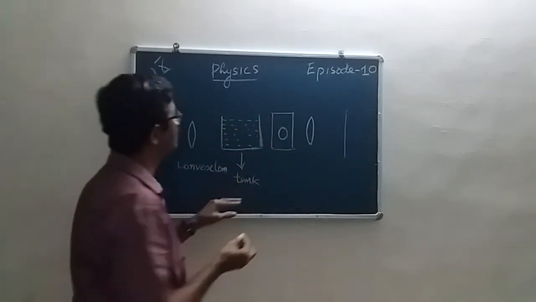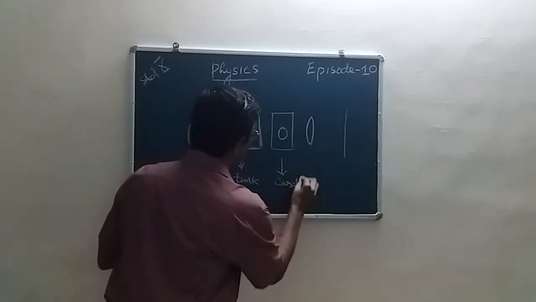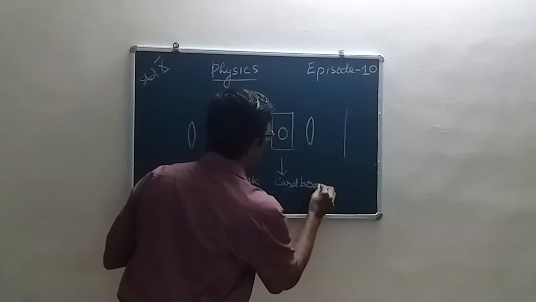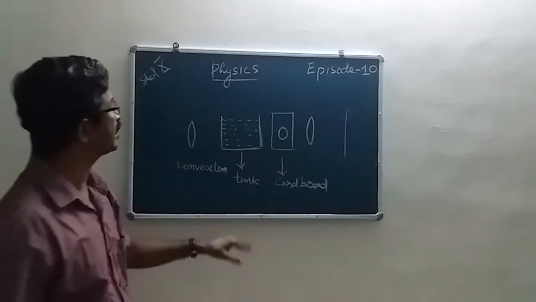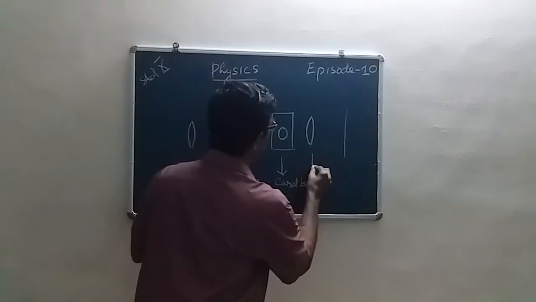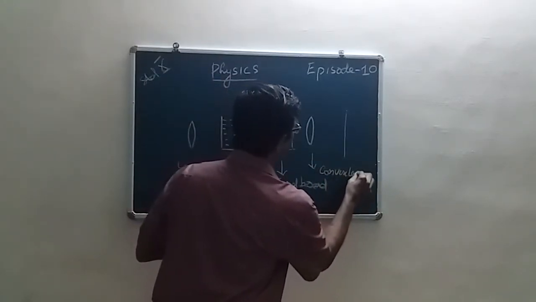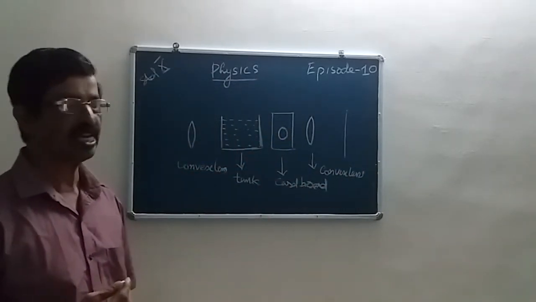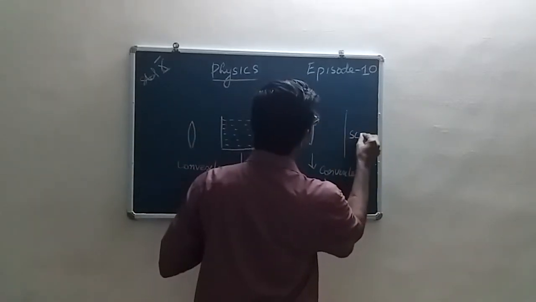This is a cardboard where we made a hole, and this is a second convex lens that is also placed in a lens stand. Then this is a screen.